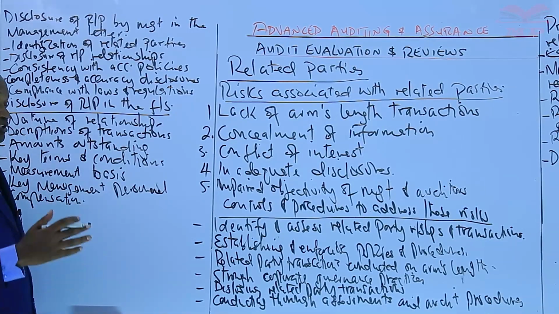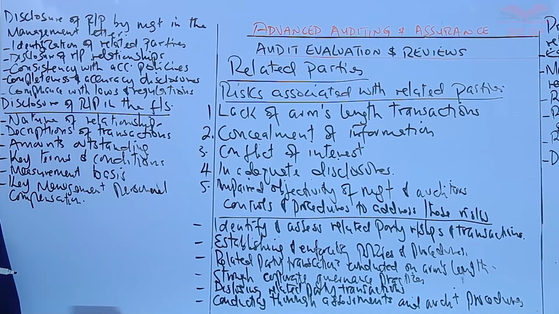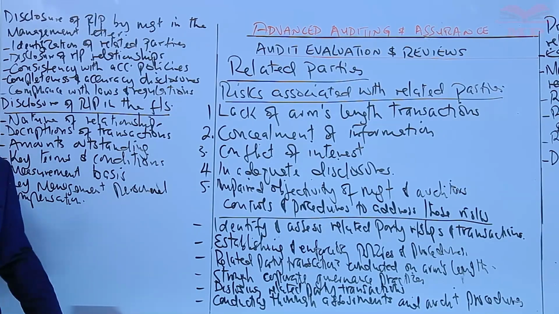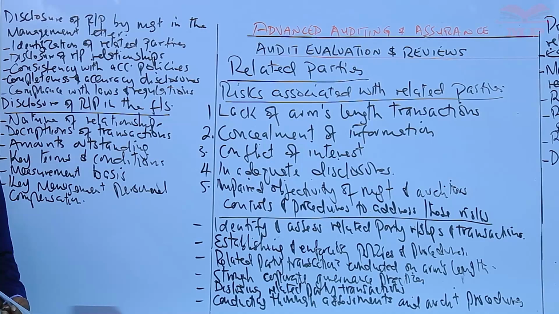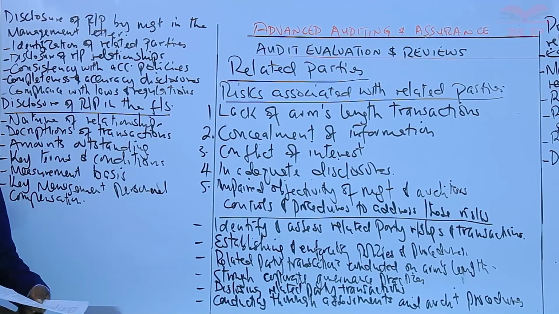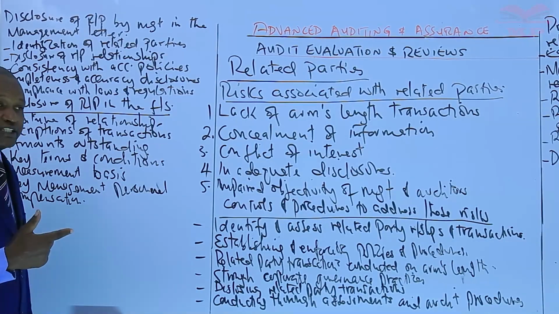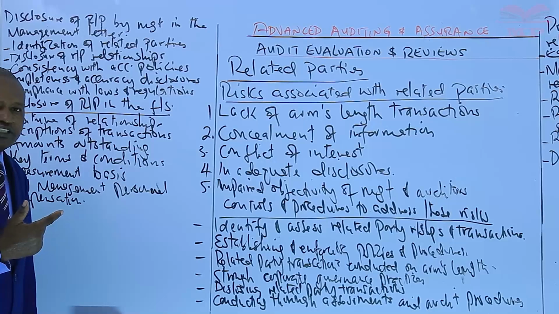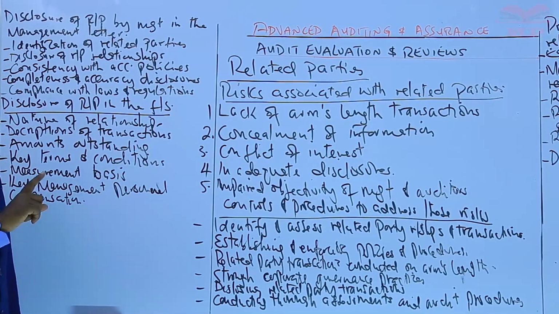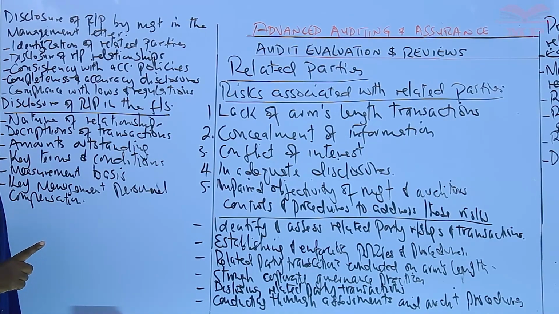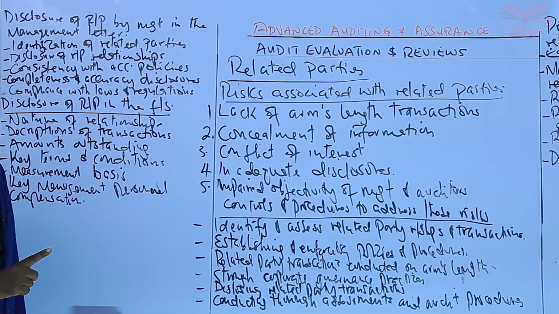Key management personnel compensation. The financial statement should disclose the aggregate compensation paid to key management personnel, including salaries, including bonuses, including benefits, and any other forms of compensation. That is a very critical information. The key management personnel compensation.